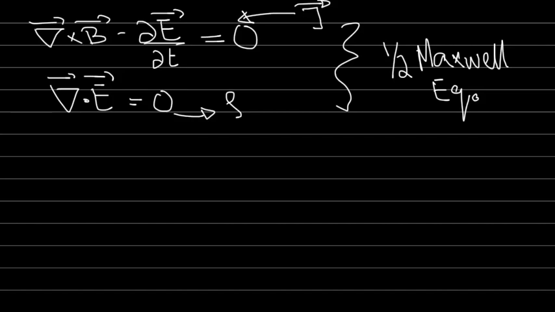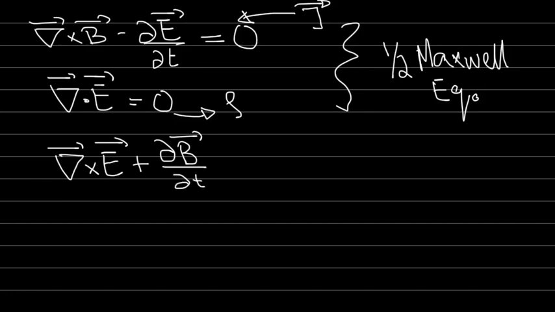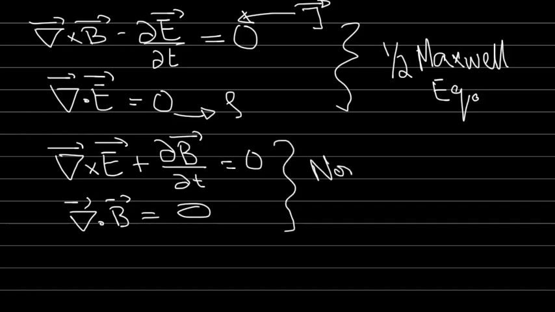But these two non-dynamical equations, let me just write them down here: the curl of E plus the time derivative of the magnetic field is equal to 0, and the divergence of the magnetic field is equal to 0, right? These are the non-dynamical equations, and you get them from the electromagnetic geometry.